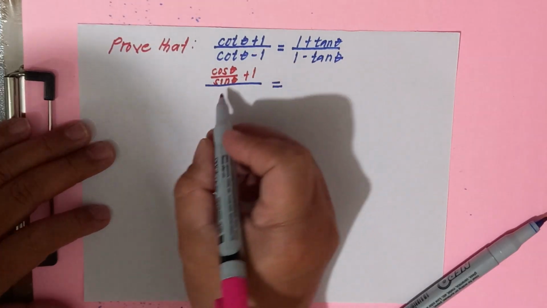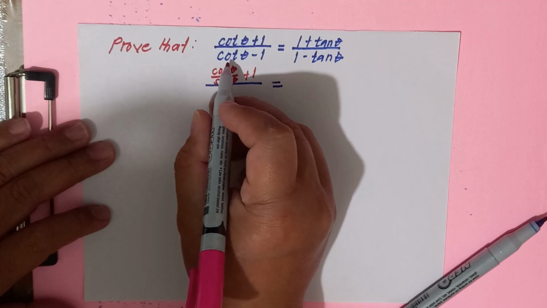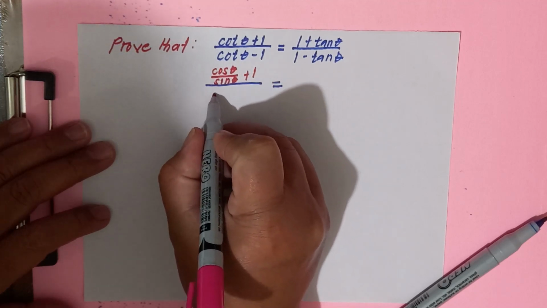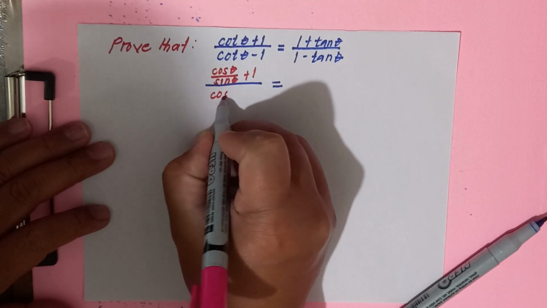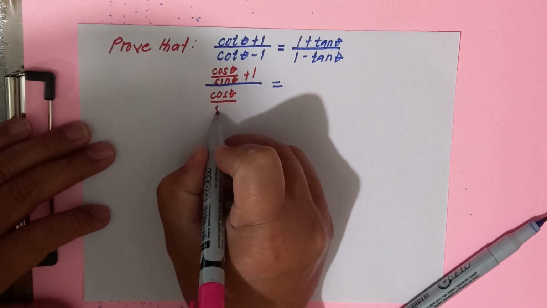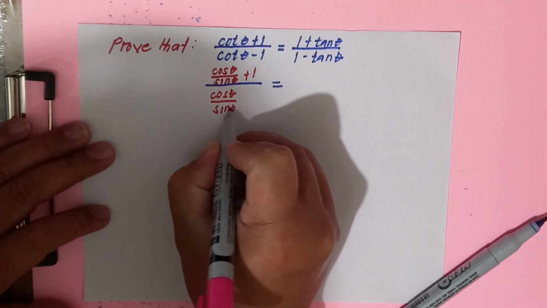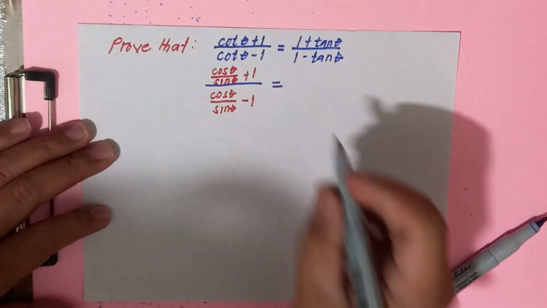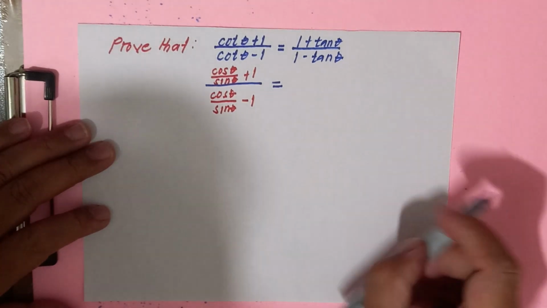What about the denominator? We get the definition of cotangent. That is the same as cosine theta over sine theta. Definitely that is minus 1. Now what about at the other side?